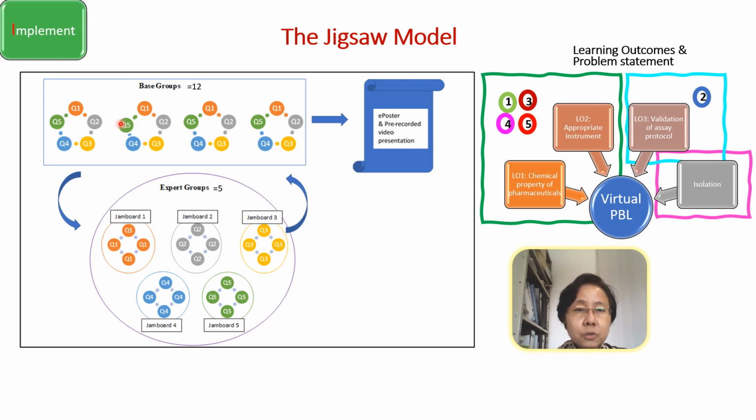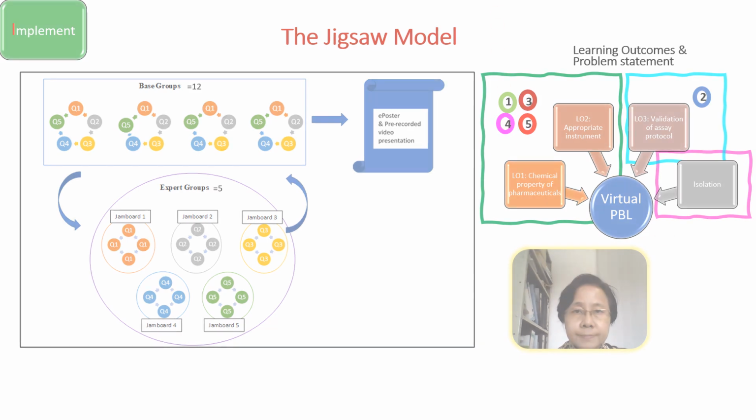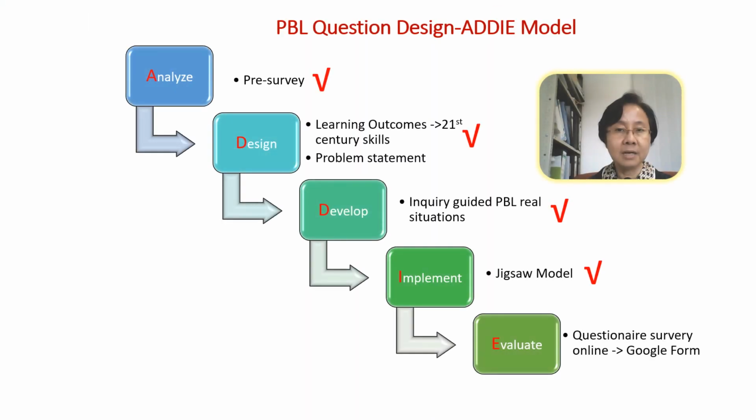Then using synchronous method, they will design the e-poster and the video. And by doing that, the students are exposed to two groups, the expert groups and base groups, and that solves the problem of them working in isolation. The effectiveness of the virtual PBL was evaluated using the pre and post survey through Google Form.